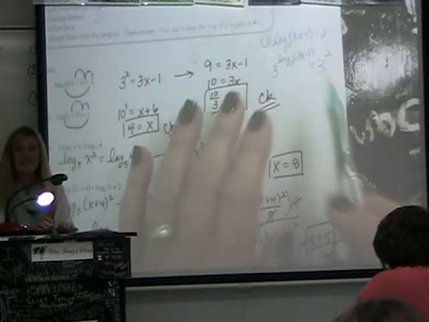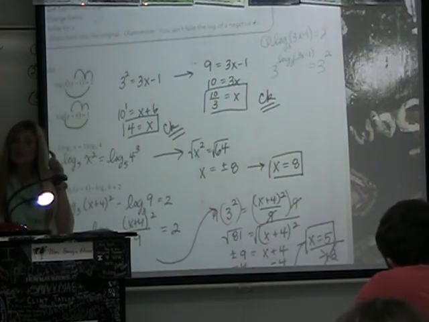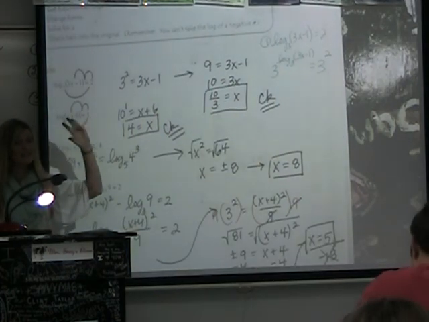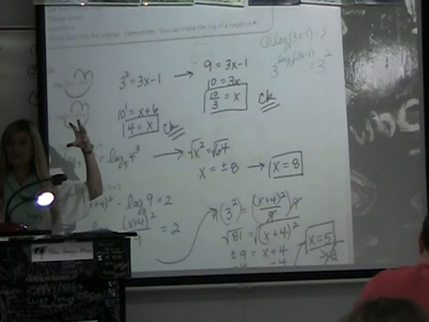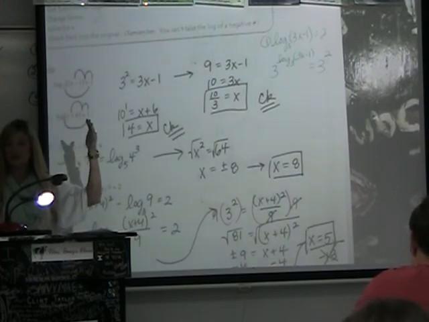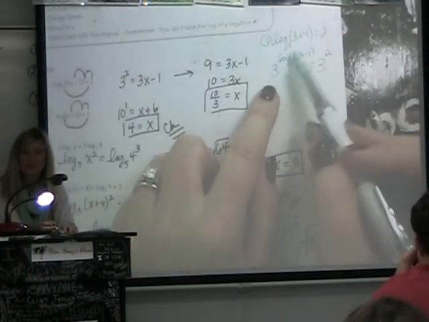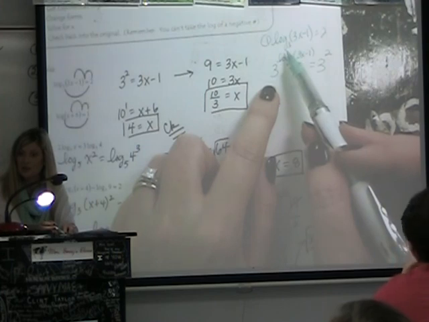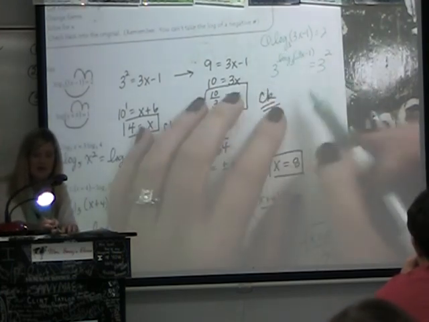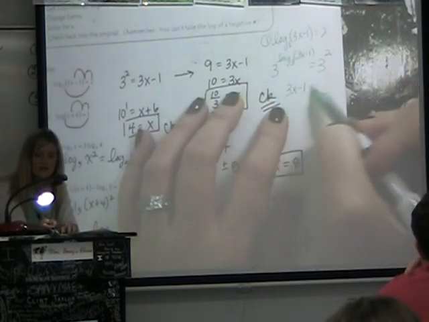So all I did is I used a base 3 on both sides, and as long as I do it to both sides, I'm in the clear. That technique is called exponentiating both sides. And when you exponentiate the left-hand side, see how it actually cancels out using that property from the first page? And you get 3x minus 1 equals 9.